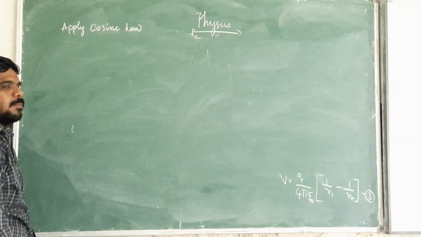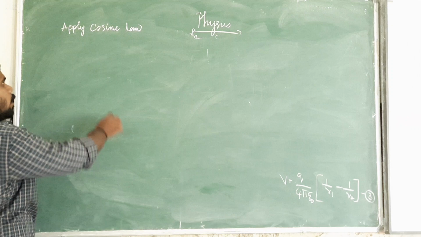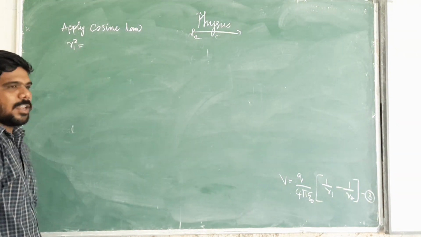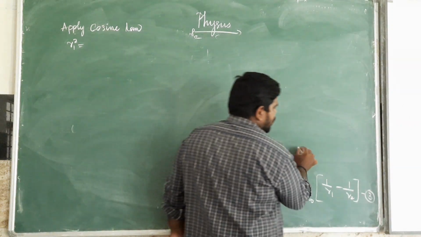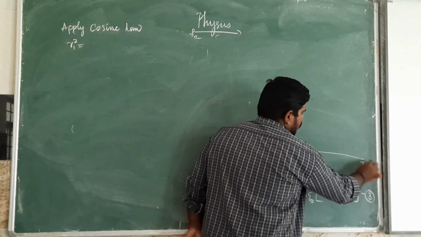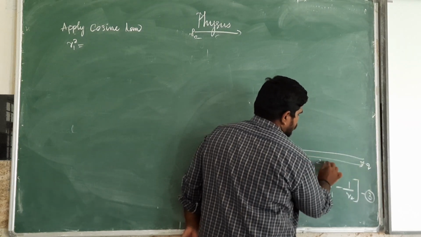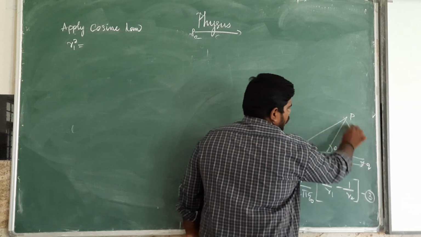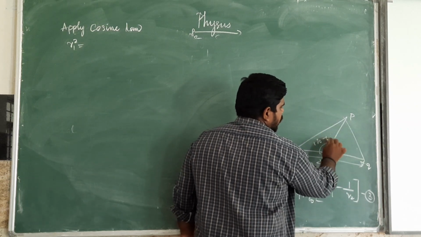Okay, so what's the formula for the cosine law? R1 square is equal to... otherwise I just draw figure 2, okay? Charges minus Q and plus Q separated by distance 2a, point P, distances R1 and R2, here angle theta, here angle 180 minus theta.